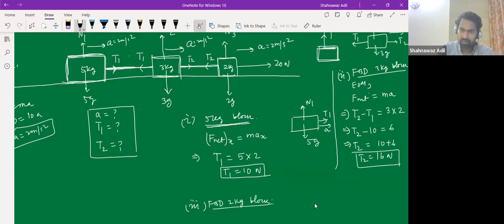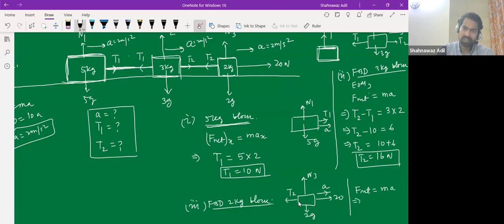This is the 2 kg block, and this is T2, this is 20, this is N3, this is 2G, and this is the acceleration. If we write only the x direction, F net is ma.